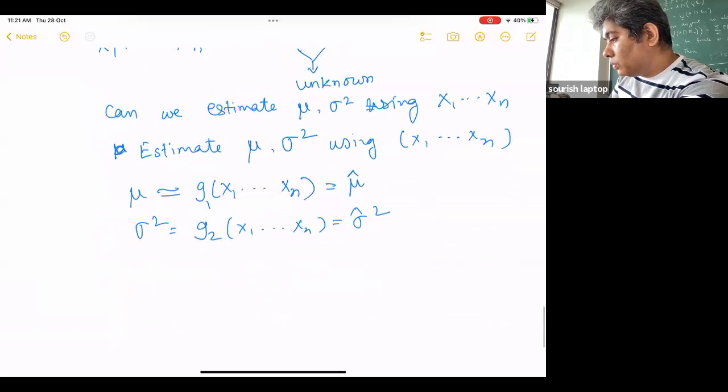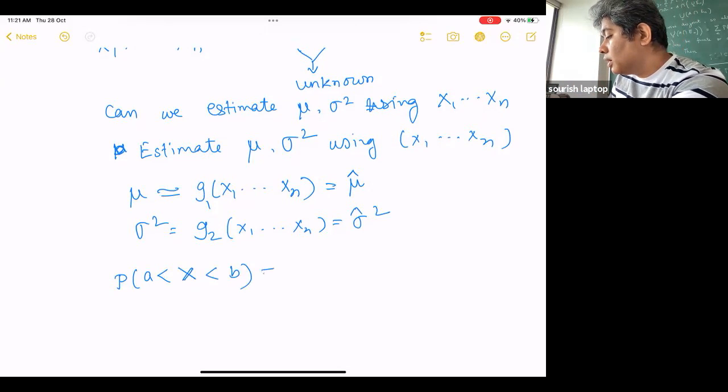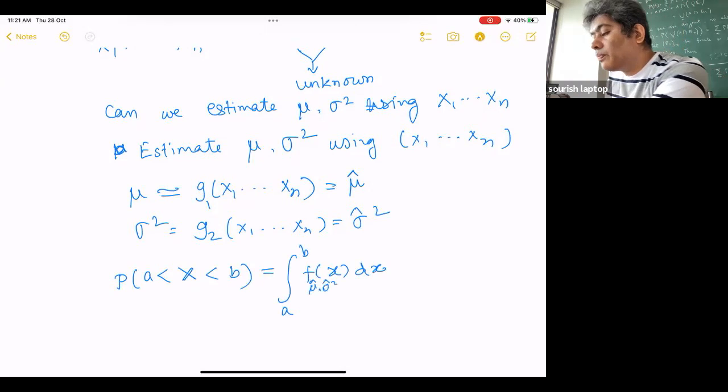And then, if I'm interested in finding the probability that x will be between A and B, we solve this problem assuming these are mu hat and sigma hat square.